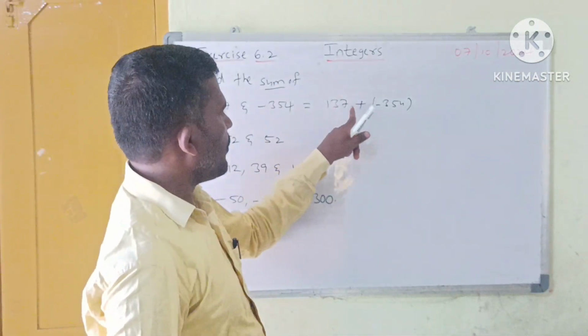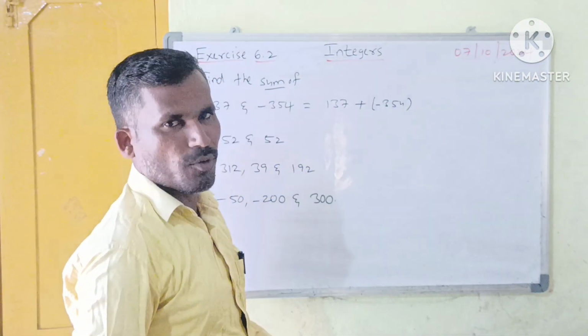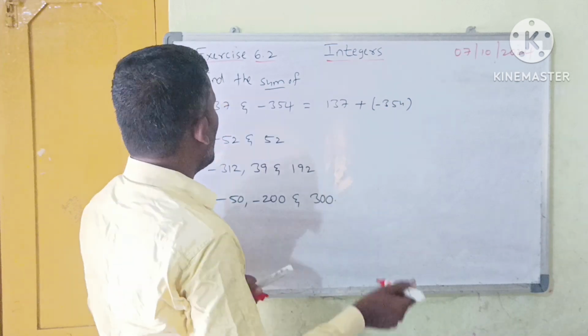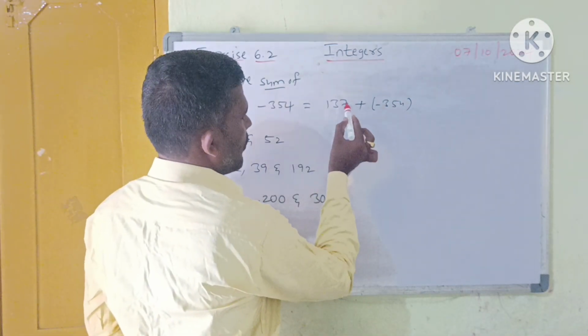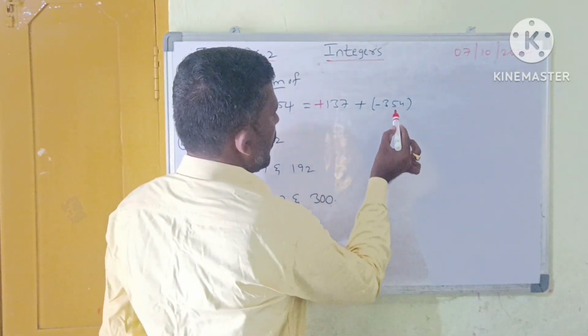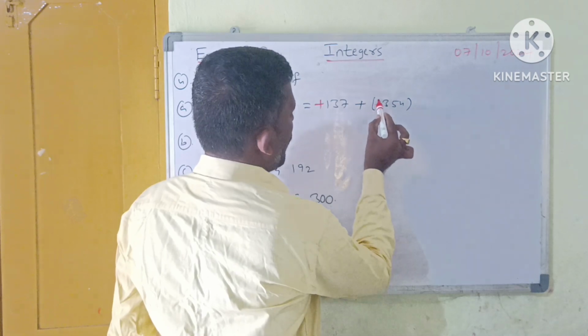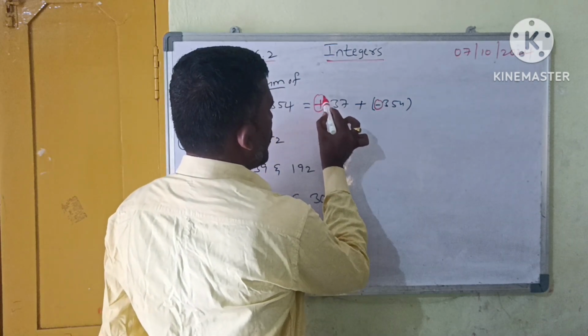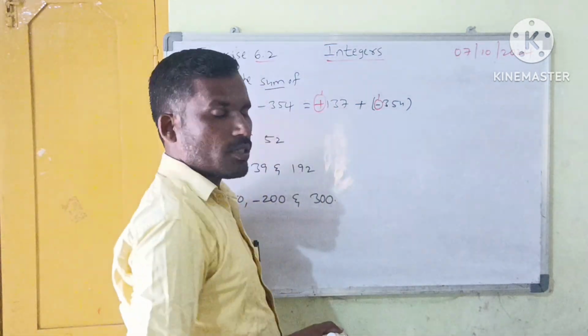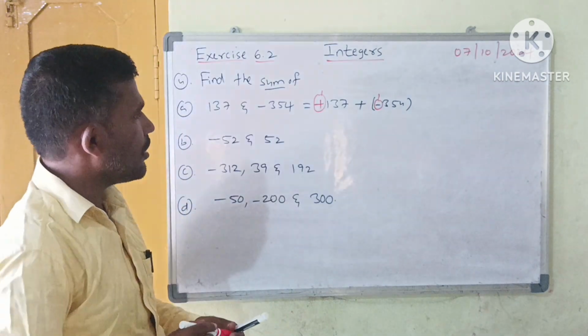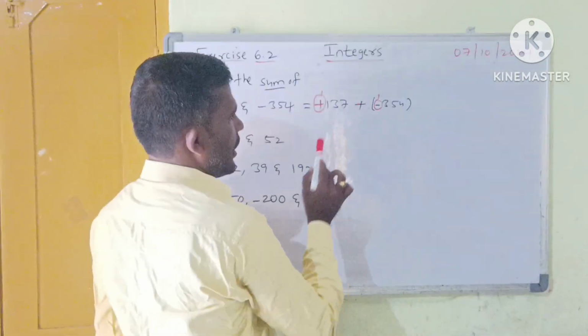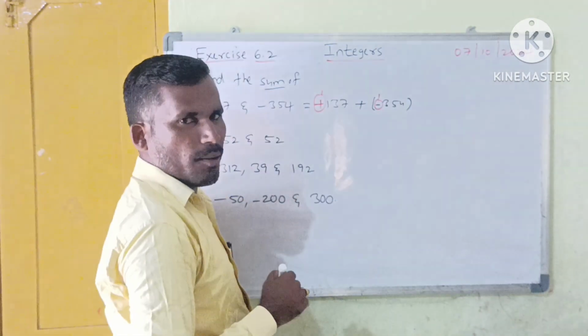So 137 plus minus 354. For 137 we have the plus, for 354 we have minus. So both are opposite signs, different signs.